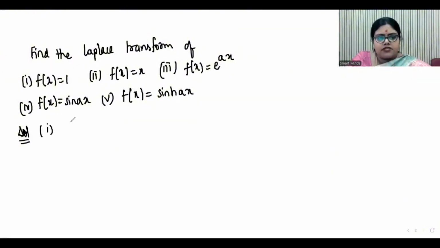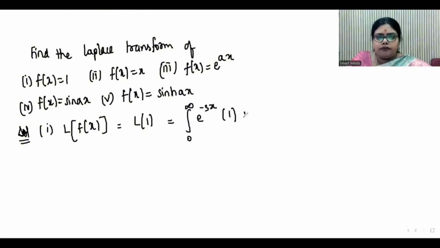So let us take the first bit. What is L of f of x? That is L of 1, which is equal to integral 0 to infinity e power minus sx into 1 dx. Now what is integral e power minus sx? It is e power minus sx by minus s. Why? Because integral e power ax is e power ax by a.